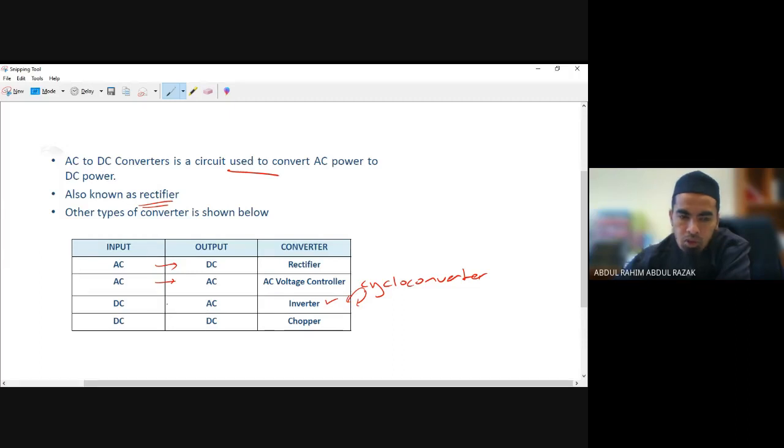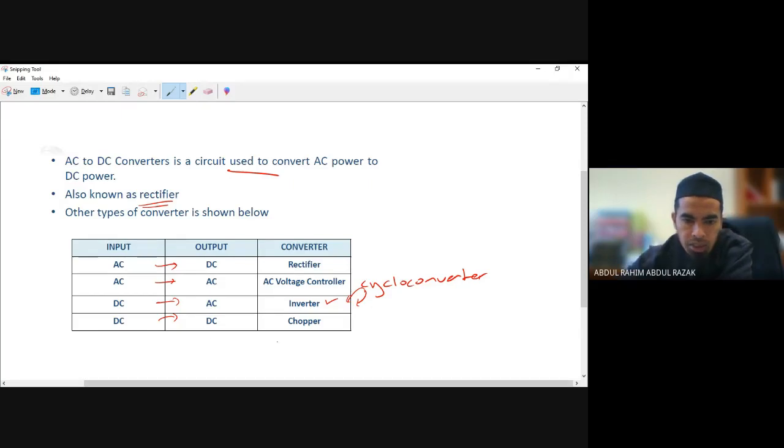So you will see that the chapter on DC to AC, also called inverter, is going to be learned and discussed within this semester. If you refer to previous exam questions, there was no question on inverter, but this semester onwards you will have inverter discussed in our subject. And we have the DC to DC converter, which we call a chopper.